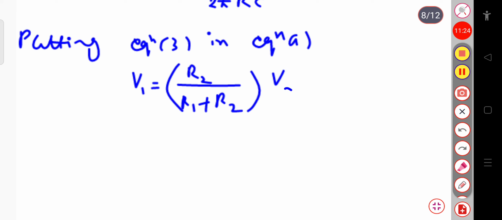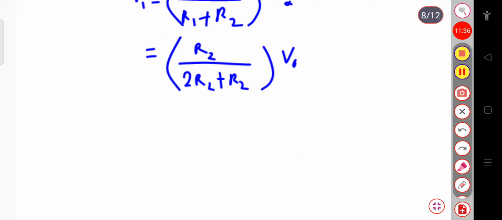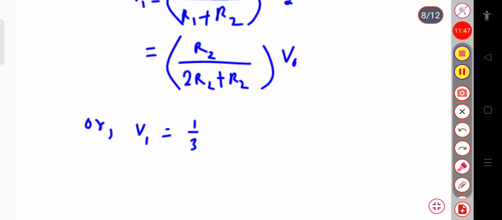Now this becomes R2 divided by, in place of R1 if I write 2R2, so this will be 2R2 plus R2 whole into VO, or simply we can write V1 will be equal to R2 divided by 3R2, so that is 1 by 3 into VO.